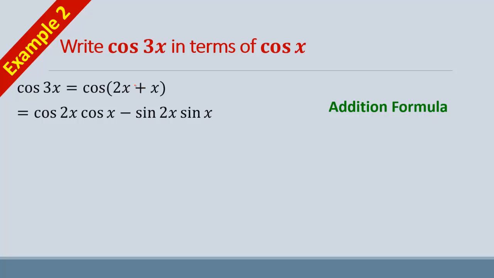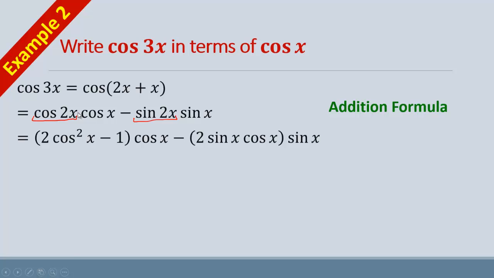Now, by using 2x to split it up, I've got sine of 2x and cosine of 2x. So I can replace those: 2 cosine squared of x minus 1, and the formula for sine, 2 sine x cosine x.